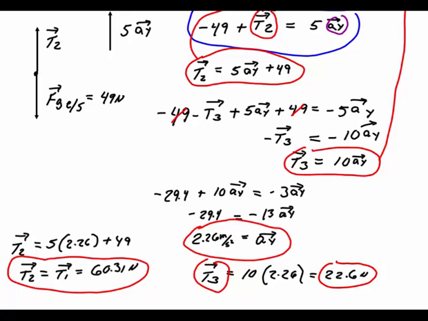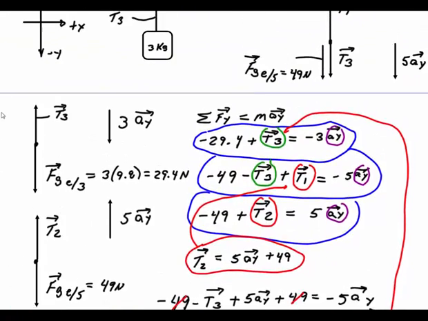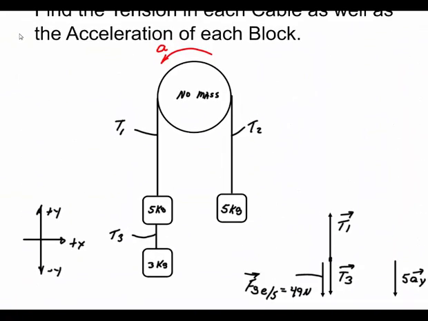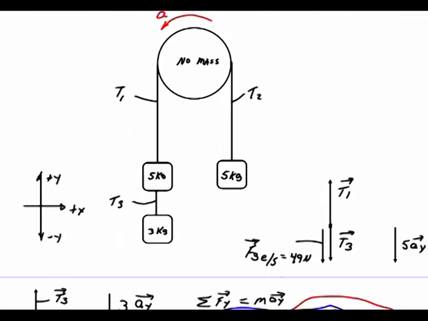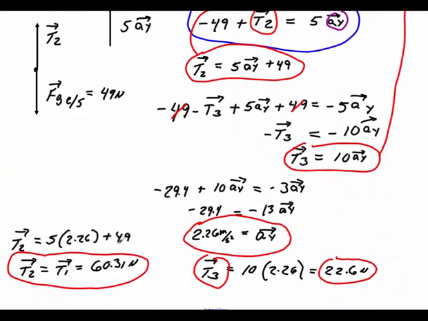Okay, and these are the steps I would recommend. Again, establish the direction you want acceleration to go. At that point I'd be consistent. If you have it going the wrong way, at the end you'll end up getting negative acceleration. It just means you established it going the wrong way, and you would just change it, and that was all you'd have to do.